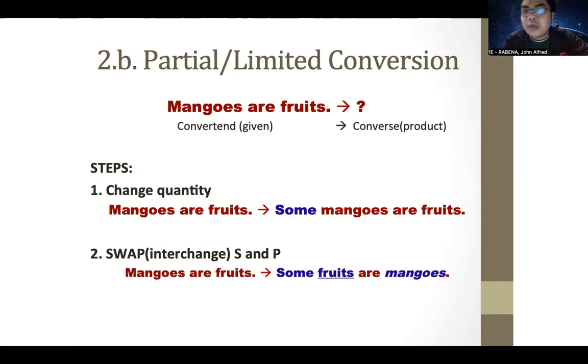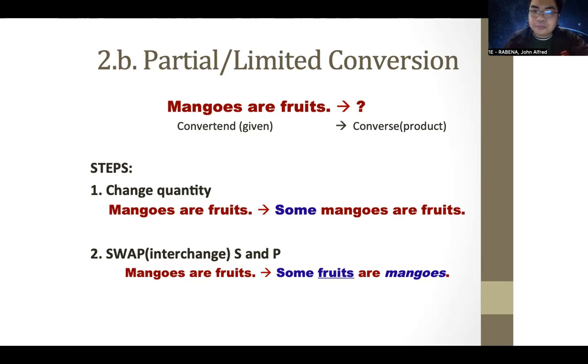According to partial or limited conversion, we should first change the quantity, and then swap or interchange the S and P.